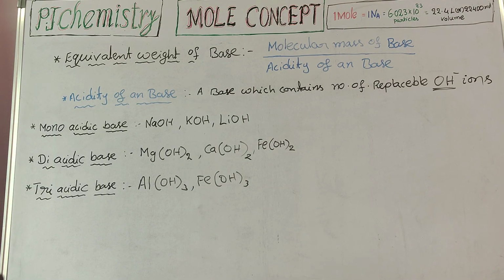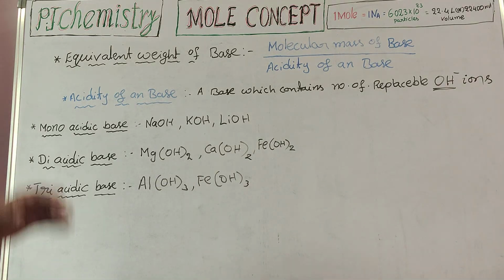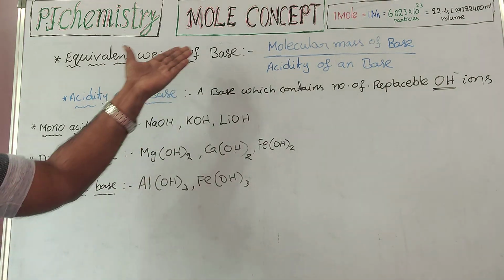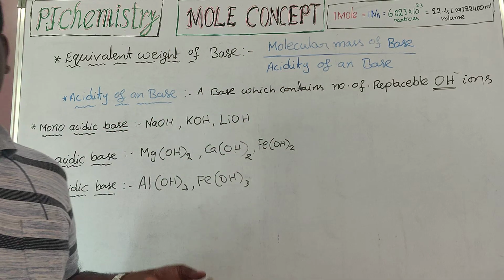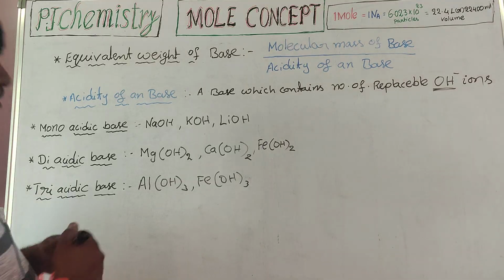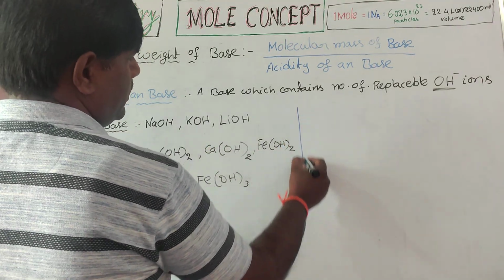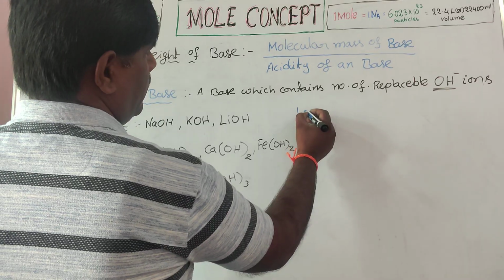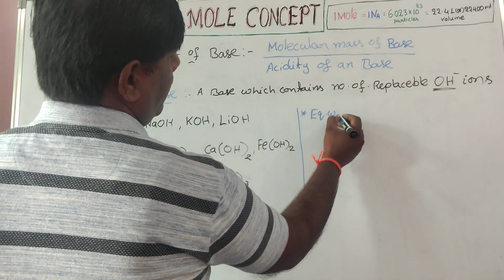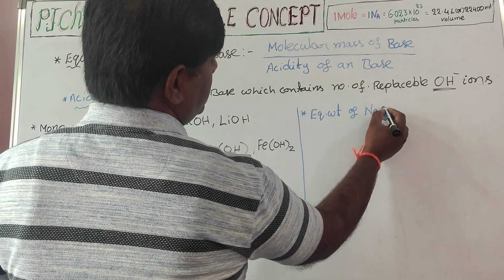Now, how to calculate equivalent weight for these bases? Molecular mass of base divided by the acidity of the base. Now the question is, find the equivalent weight of NaOH.